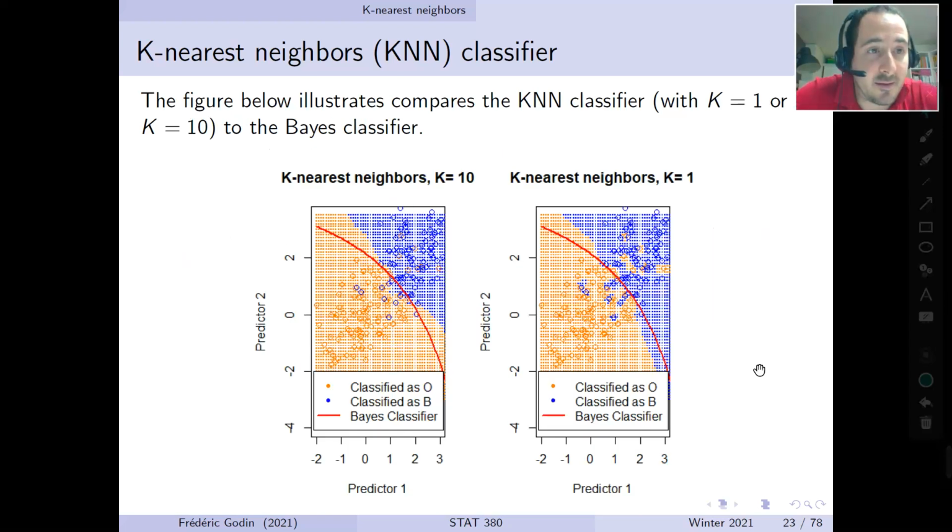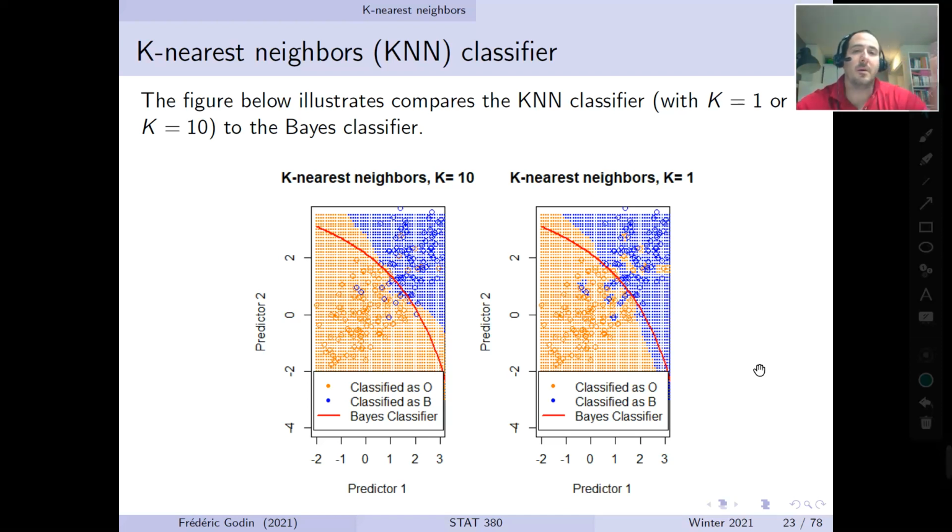So we can use this k nearest neighbors method for classification on the original data set I simulated and showed at the early stages of this chapter.